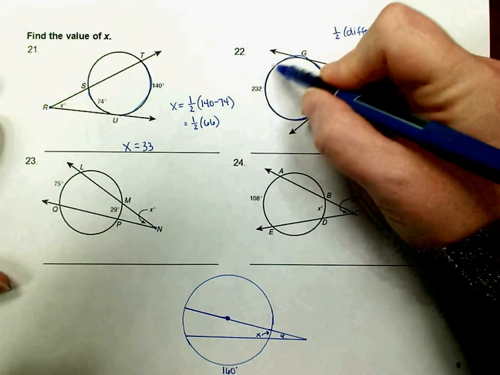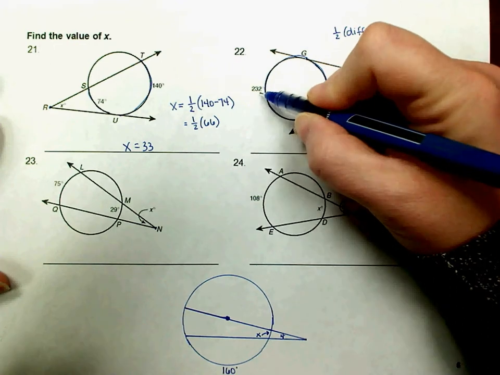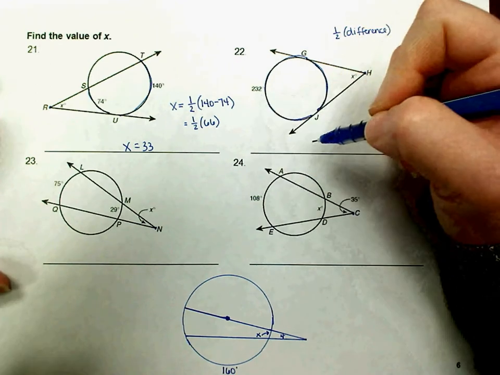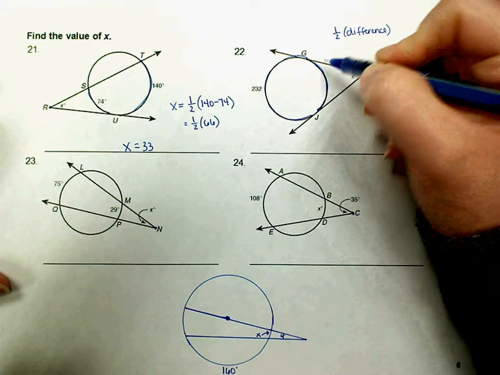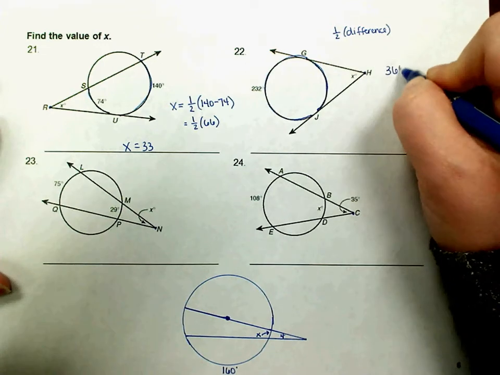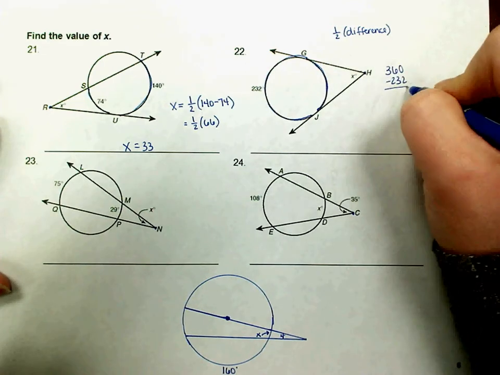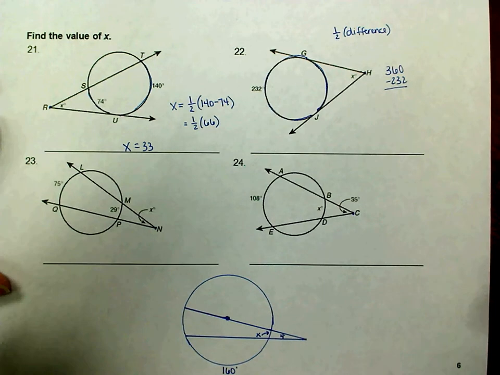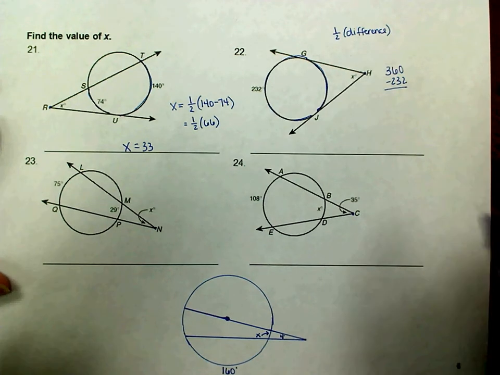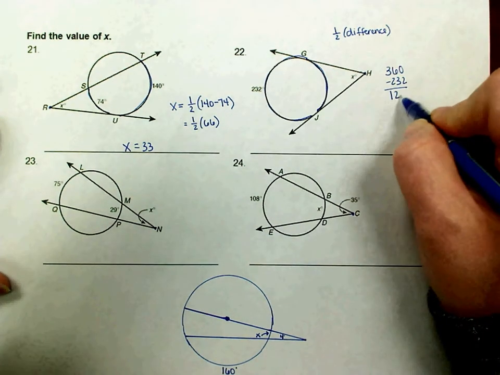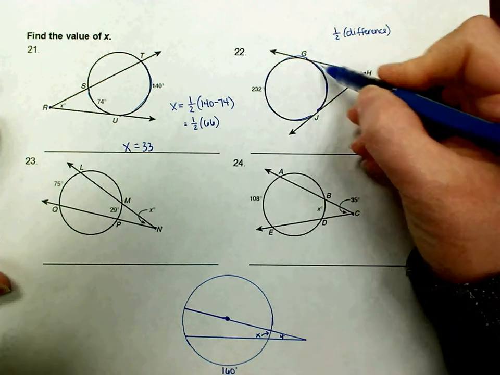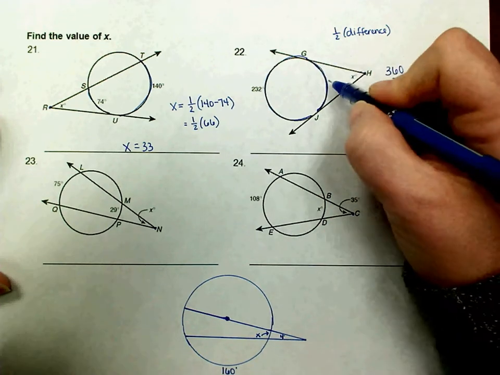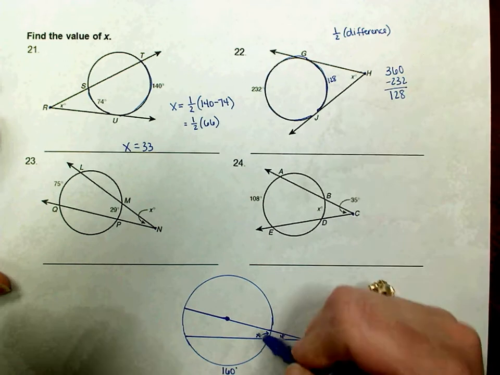You're only given the major arc, GJ, which is 232. So to find the minor arc, you need to first take the 232 from 360. So 360 minus 232 is 128, but that's not our answer. That's just this other arc we need to use to find our value of x.